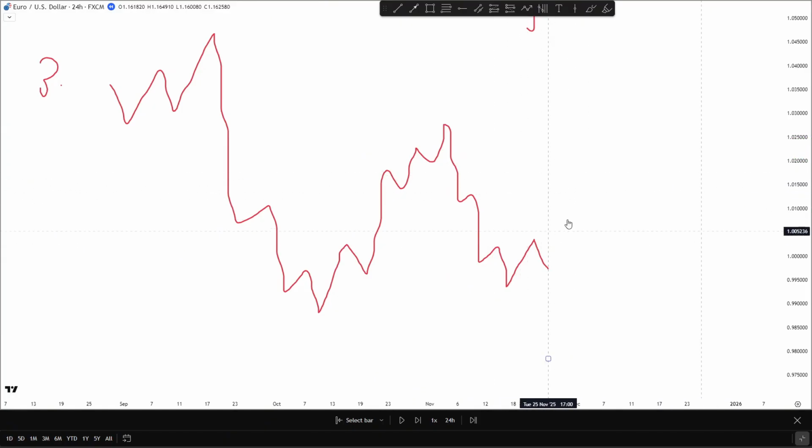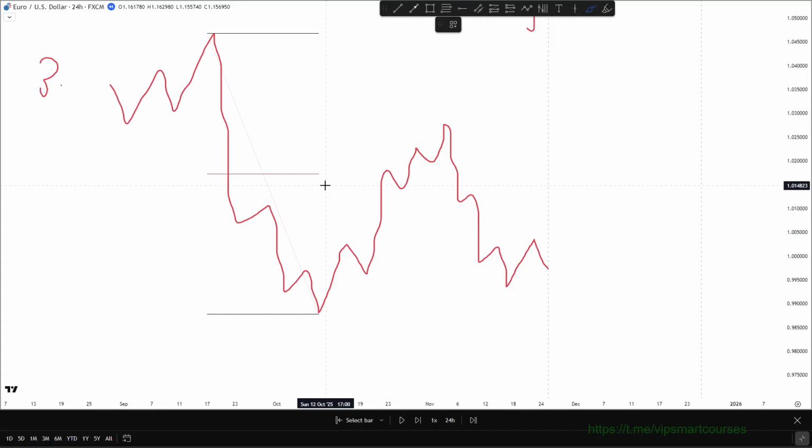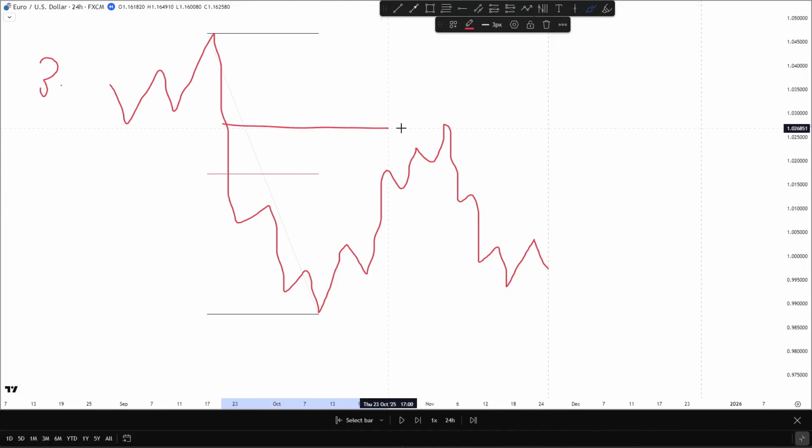Okay, so the third scenario is the one that we had this past week, which is that we've already rebalanced this dealing range. We've already rebalanced this dealing range last week, and we also tested a premium key level within it.